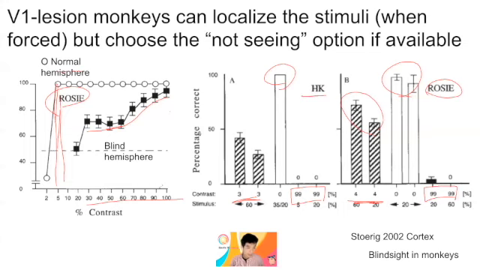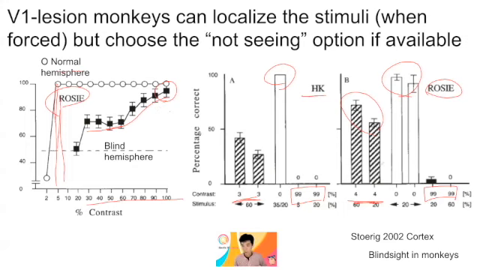Okay, 99% contrast corresponds to this. This means that Rosie and also HK would have been able to accurately localize the stimulus, whether it is here or there. But if they are given a chance to say no, I didn't see it, then they almost always press the button for that.